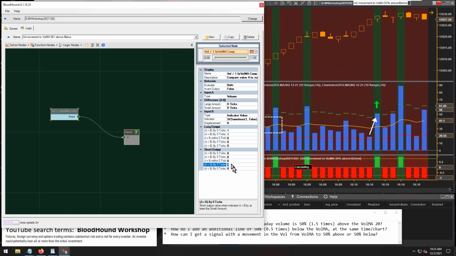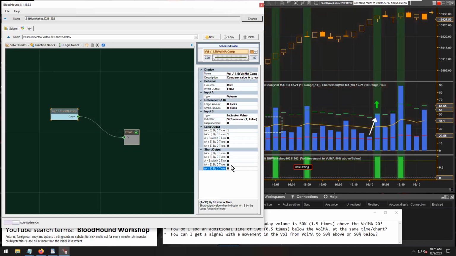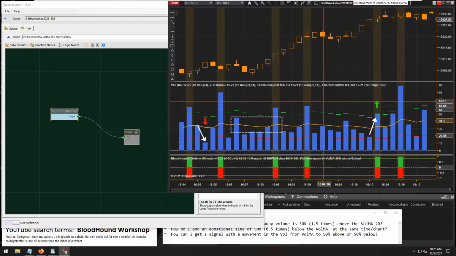So we're going to adjust the short output, turn everything off, and turn on that A greater than B. So both the long output and the short output are both the same. And there we go. So now we get a long and a short whenever the volume is above the 150% there.